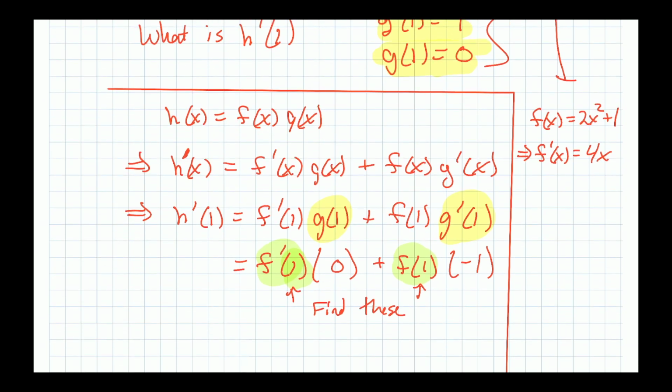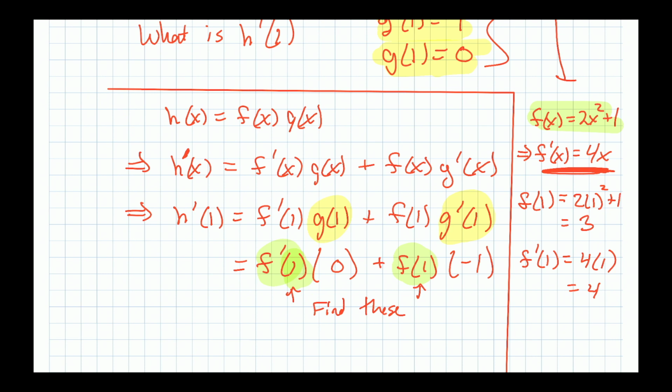Now I need f of 1, not f prime. What is f of 1? That's plugging a 1 into f. So that's going to be 2 times 1 squared plus 1. That's 2 plus 1, which is 3. All right. So I got a 3. I also need f prime 1. So f prime 1, that's using this formula, is going to be 4 times 1, which is 4, right?